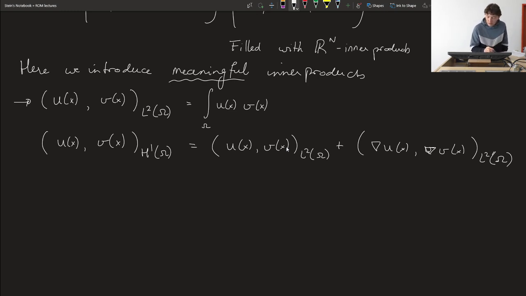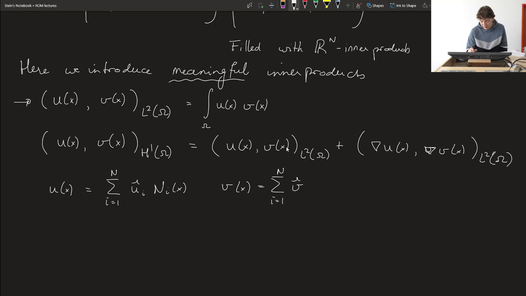So each function u of x can be written as a sum of coefficients times basis functions in space, right? And similarly, every function that we might put in the other slot, v of x, can also be written as the sum from i equal to 1 to n of coefficients v multiplied by the same basis.